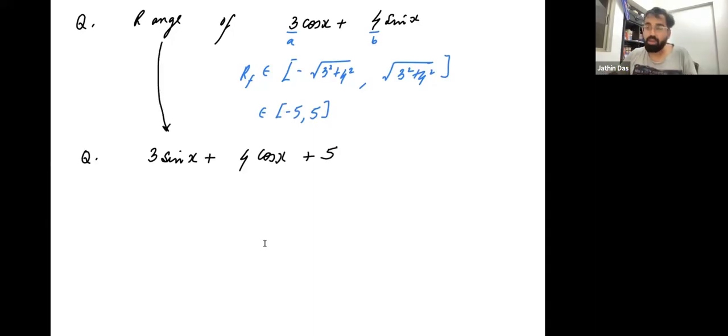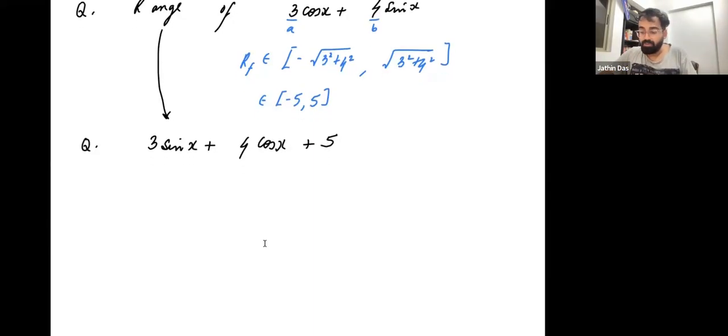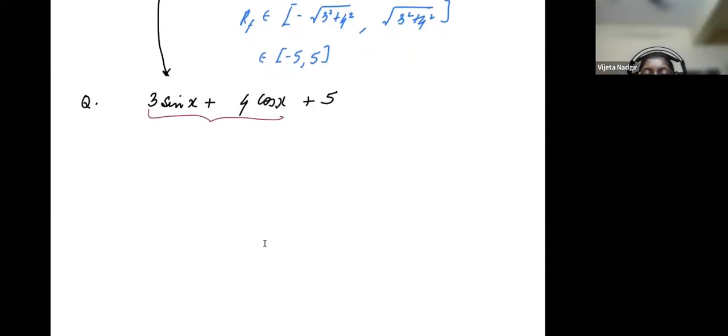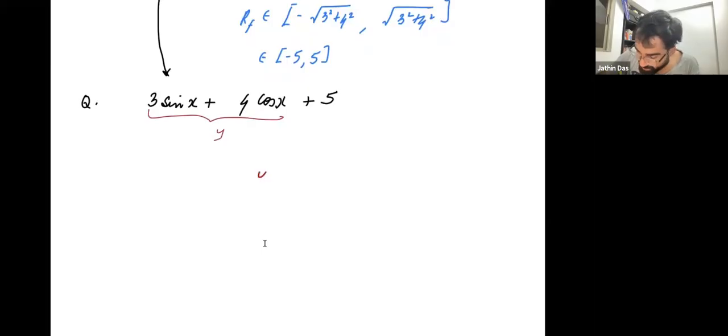Now, even if I take 3 sin x plus 4 cos x, the range is the same, no change. Now, what will happen to this? What will be its range? Take this separately as y. So what is the range of y?